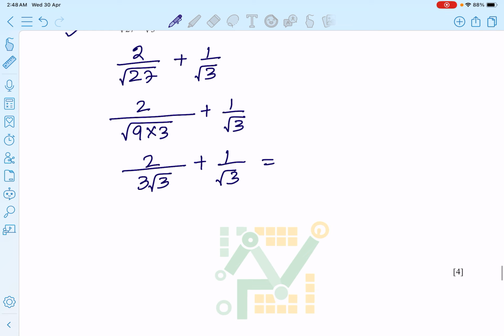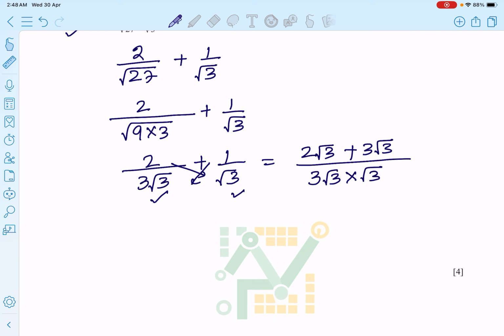You can just apply the addition of fractions rule. So I can write 3 root 3 times root 3, then cross multiply like this: it will be 2 times root 3 plus 1 times 3 root 3.